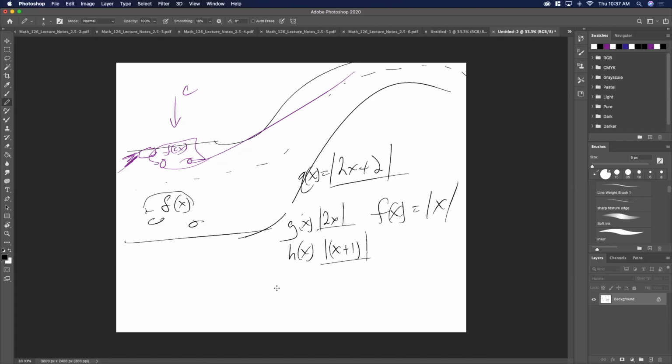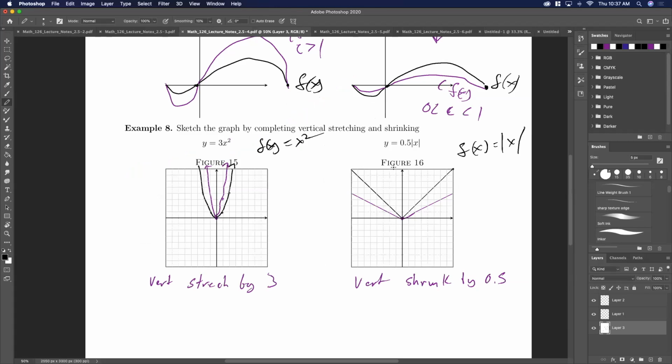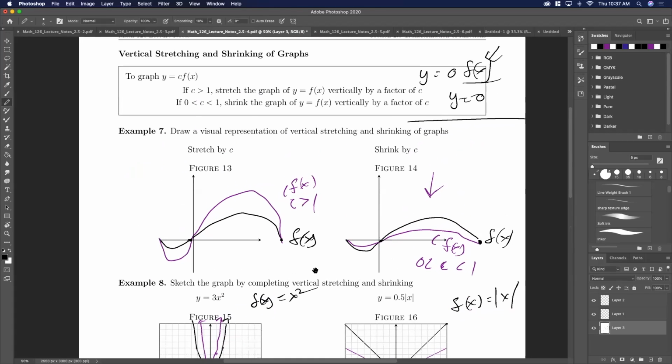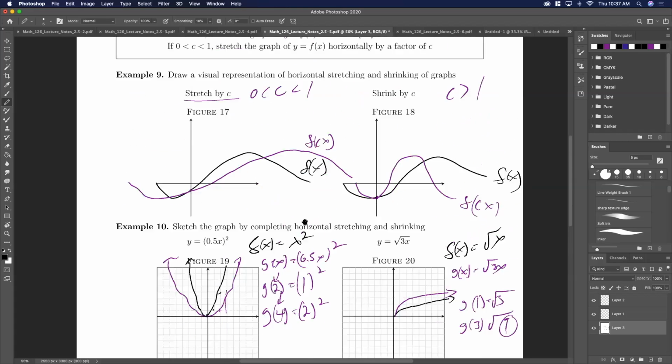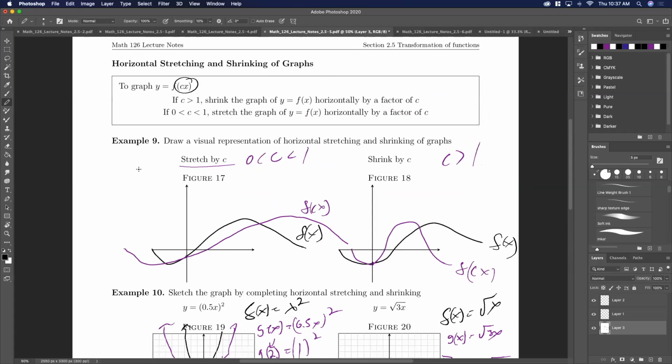So why is this not 2x plus 2? The reason is, if we go way back to this one, notice I'm plugging in c of x for everywhere I see an x.